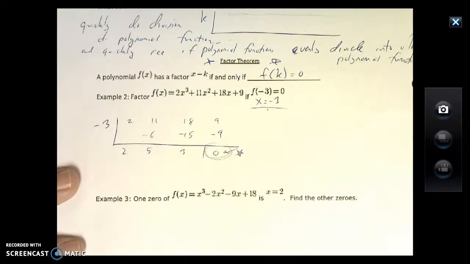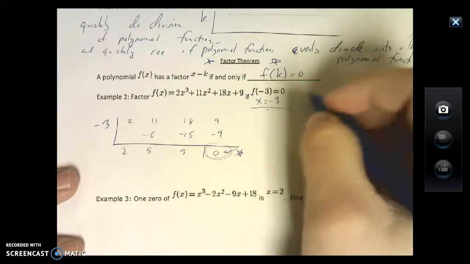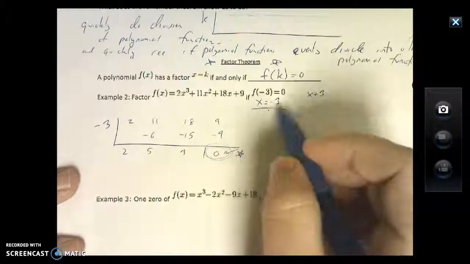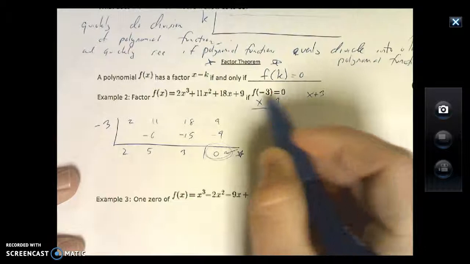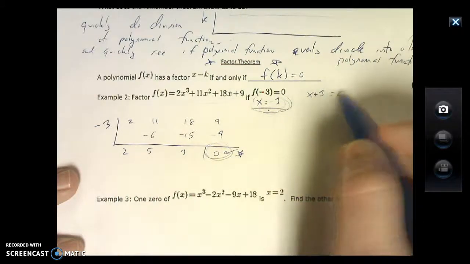Now, what's going on here is I'm dividing this by x plus 3. If you're wondering how I'm getting x plus 3, how do I get it equal to 0? I just add the 3 over. Hence, I get x plus 3 equals 0.